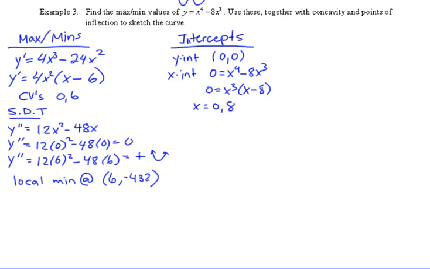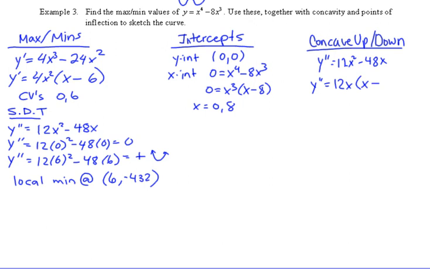Let's go to our concave up, concave down. We already have our second derivative. We found it earlier. That's the nice thing about using the second derivative test. So what can we factor out of this guy? 12 and x. x minus 4.